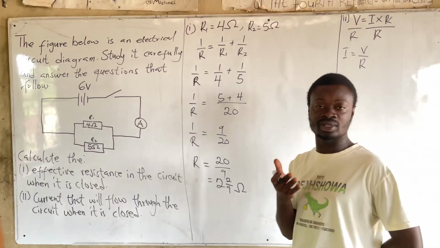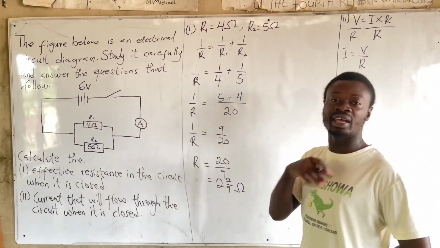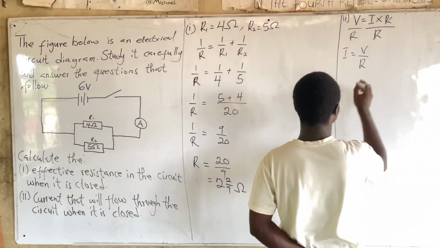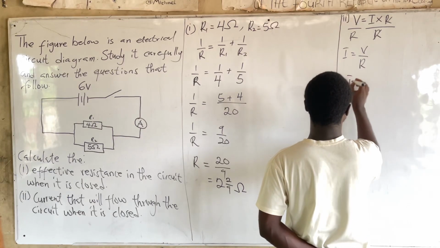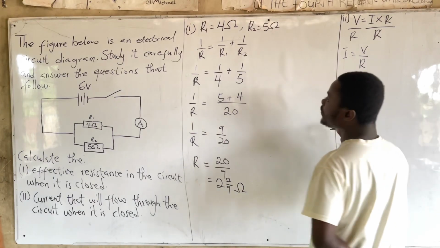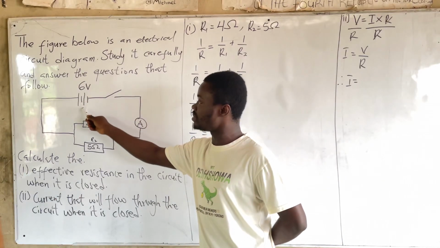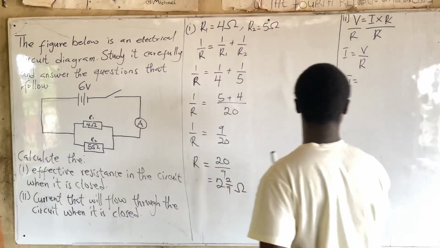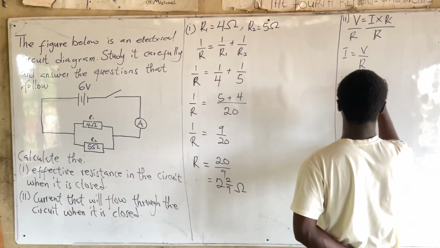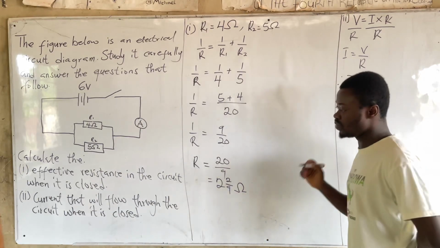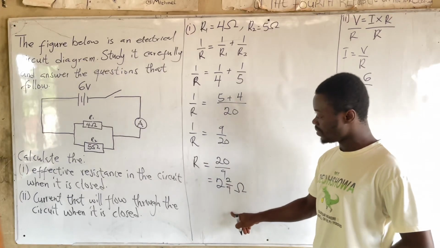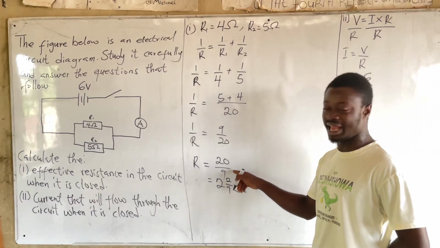Now let's substitute the values into the formula and find current. Therefore current is equal to voltage, from the question, the voltage is 6 V, that is the battery. So the voltage is 6 over resistance. We just calculated the resistance, so the resistance is 20 over 9.